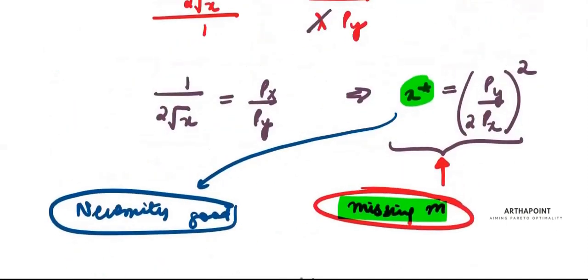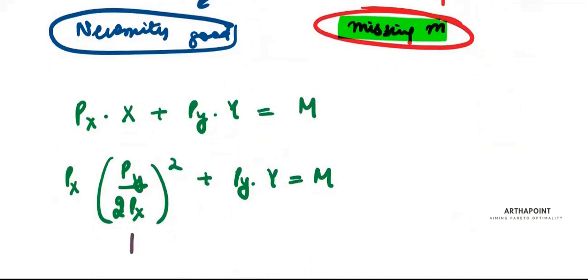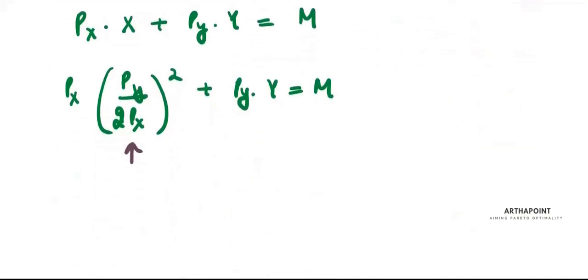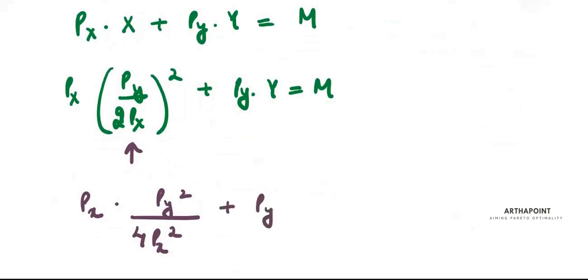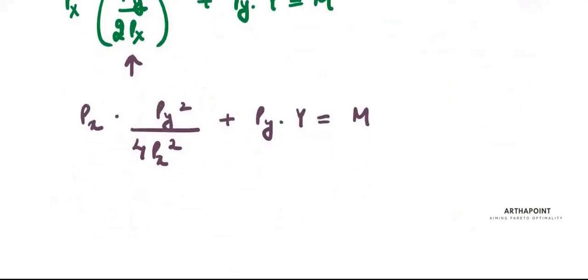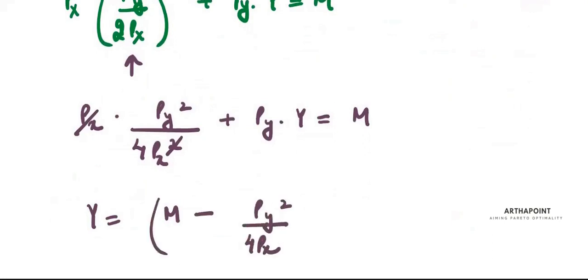I'm just replacing x from this value. So I will get px into py square by 4px square plus py into y equal to m. And just find y from here. So you will get y is equal to m minus py squared by 4px, 1 by 2.